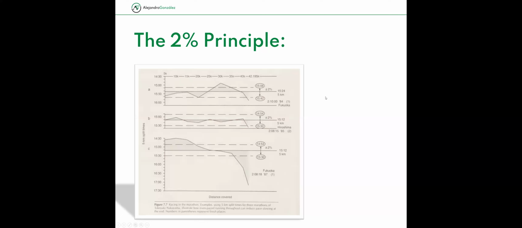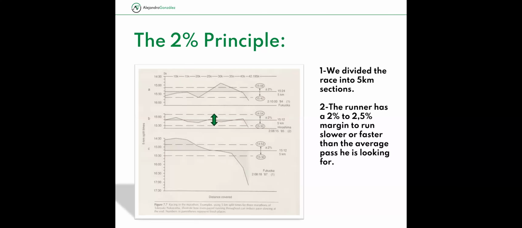This rule tries to explain first that it's a good strategy to divide the race in 5 kilometer sections because you have better control of your running pace. Second point, the runner has between 2% to 2.5% margin to run slower or faster than the average pace that he is looking for.